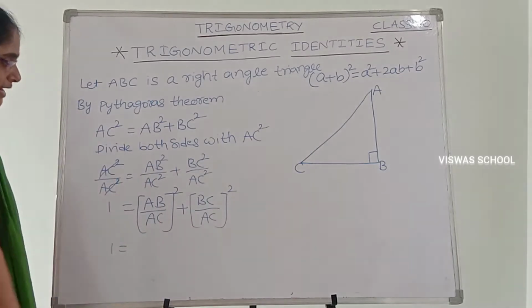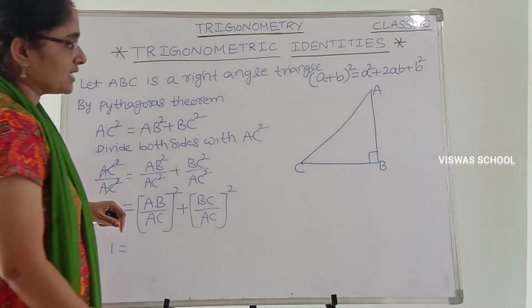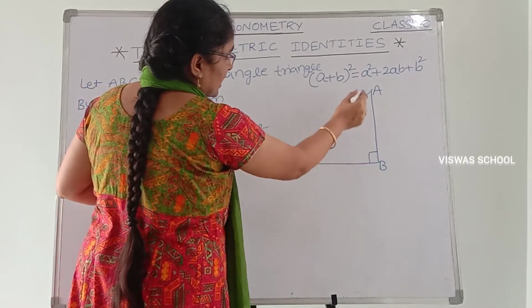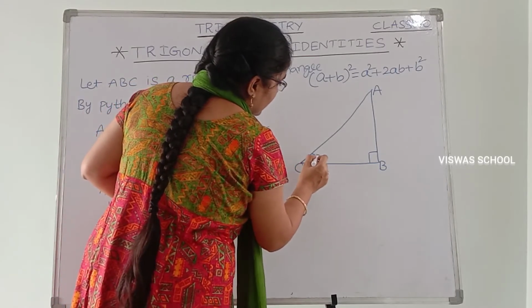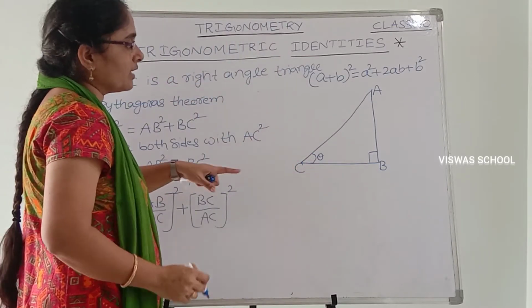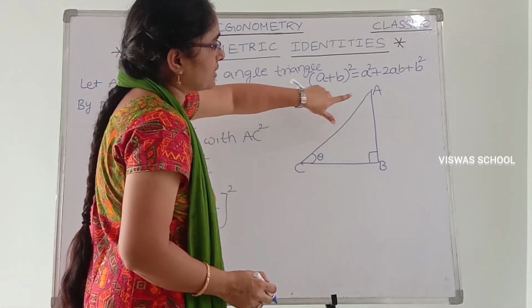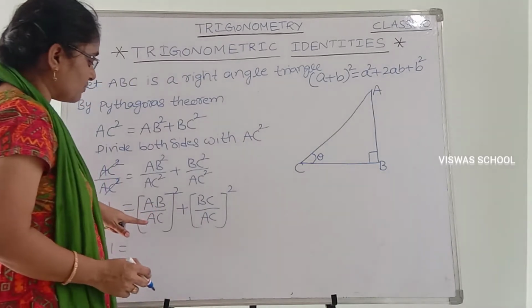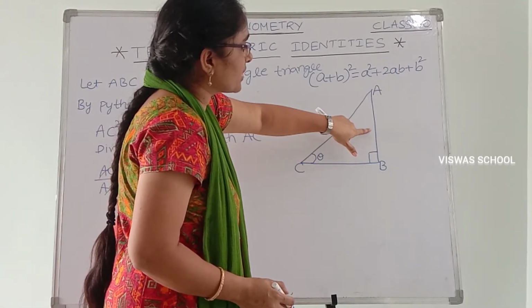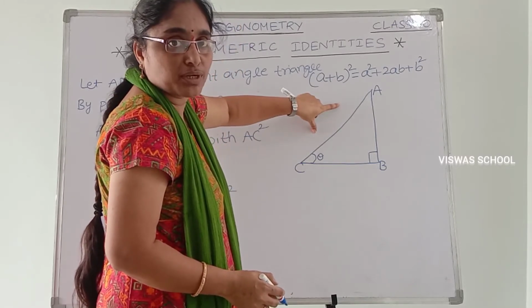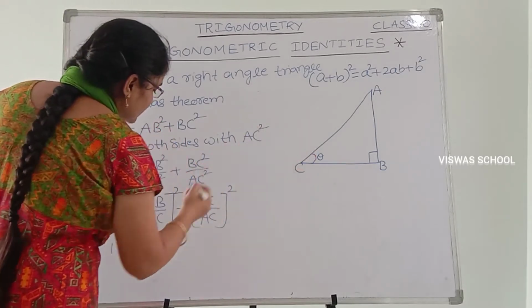Here, I am supposing this angle is theta. Opposite to angle theta by hypotenuse, that is AB by AC, this trigonometric ratio is sin theta.